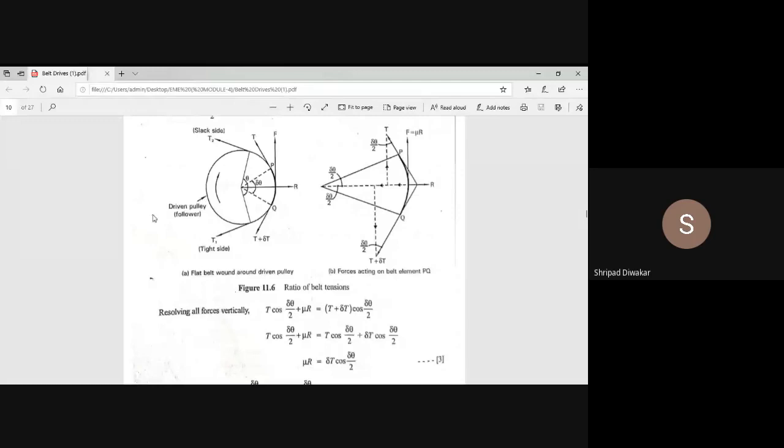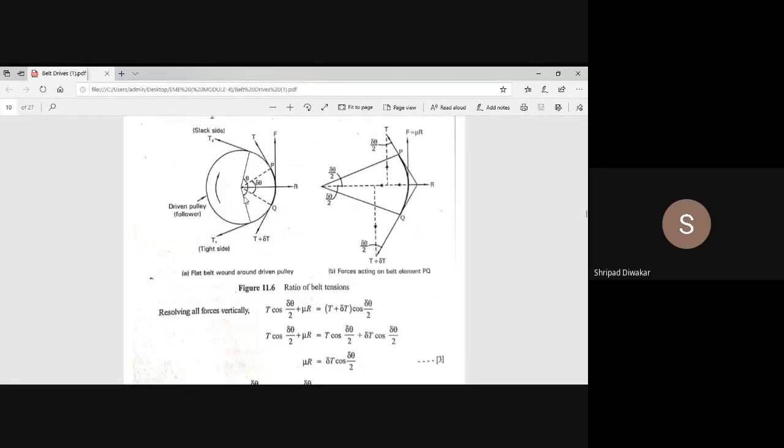It is like that in the structure, as in case of open belt drive. This is your driven pulley or follower, and here we have the four forces. This one is the slack or loose side, and this is the tight side.